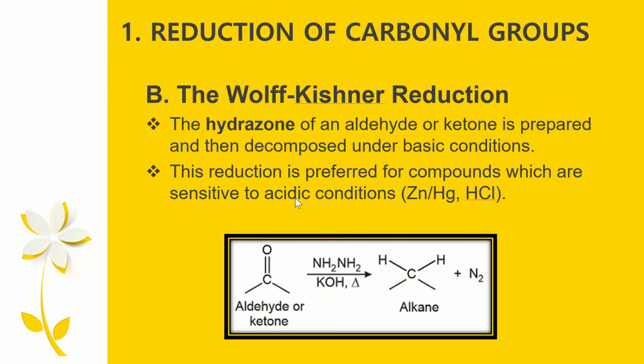So when you have aldehydes or ketones that have acid sensitive functional groups, then the Wolff-Kishner reduction is preferred. The reaction conditions are hydrazine and base and heat, and we get alkane and nitrogen being eliminated.